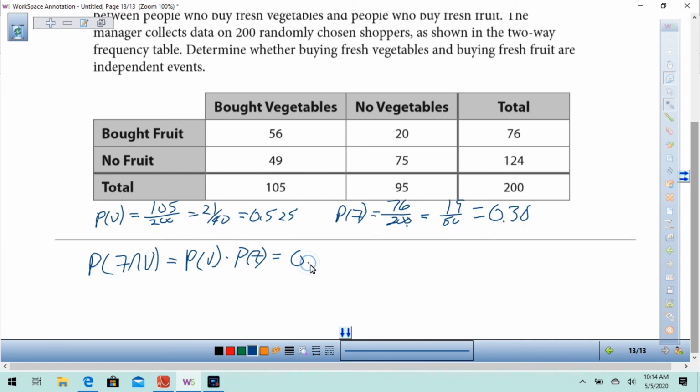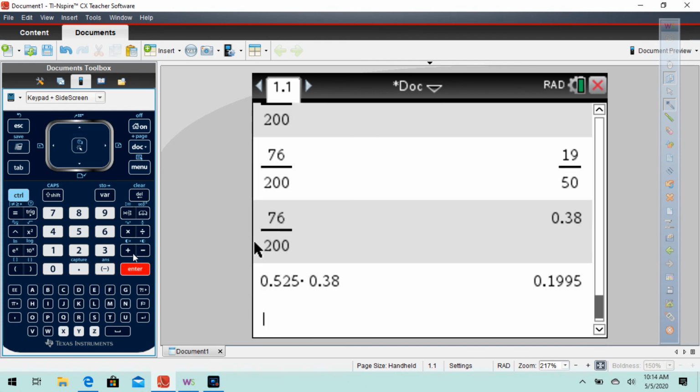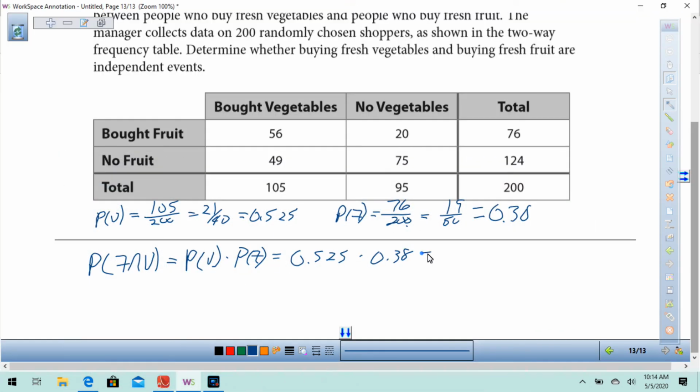So that's going to be 0.525 times 0.38. And that's, I get 0.1995, or 0.2.